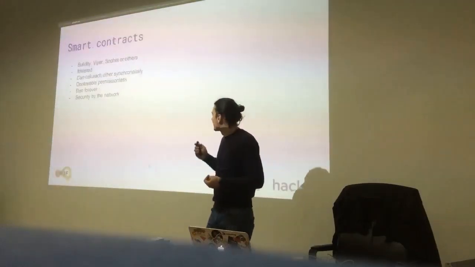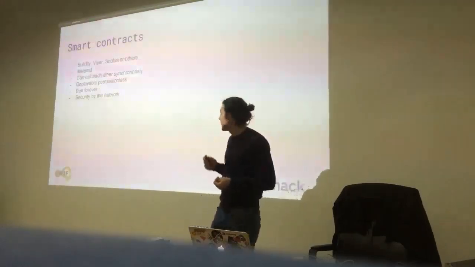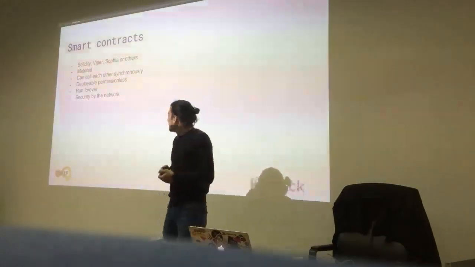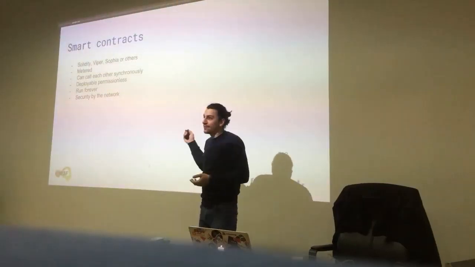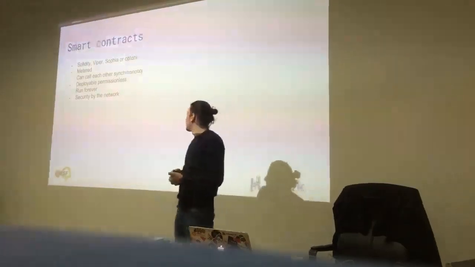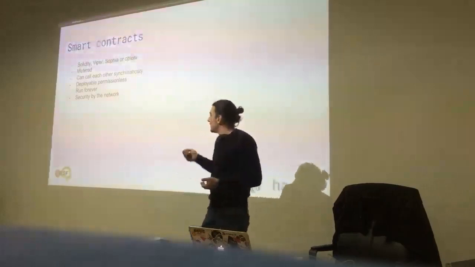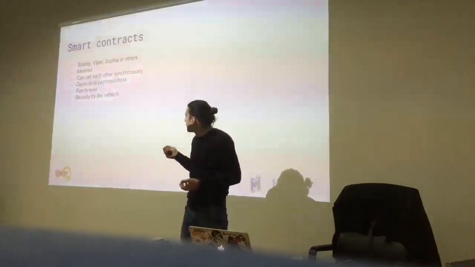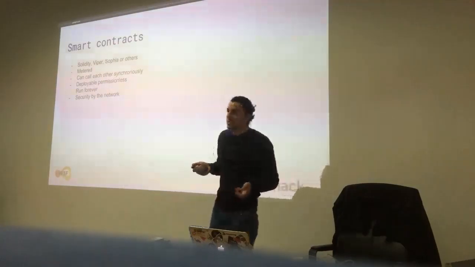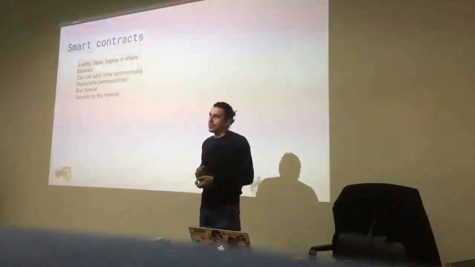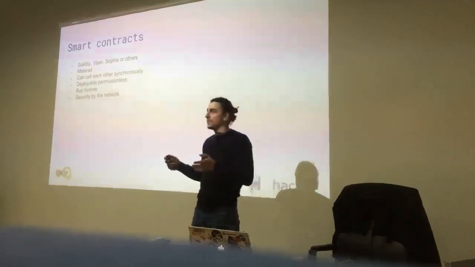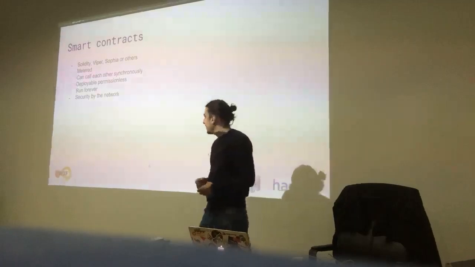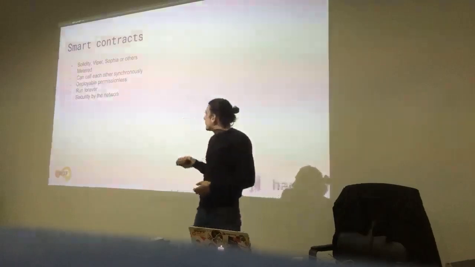Okay, so to sum up, smart contracts are usually written in Solidity, Vyper, Sophia, Michelson, or whatever other language, depending on the blockchain that you're using. They're metered, meaning that your calculations of your state transition functions are metered, and you pay for them with gas, whatever is defined in the blockchain. They can call each other synchronously.